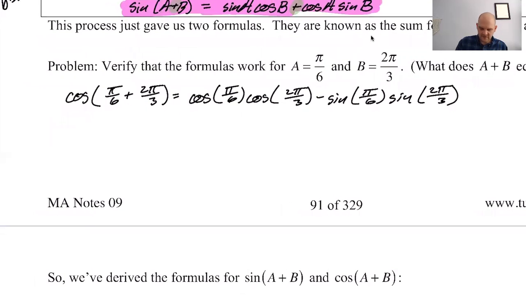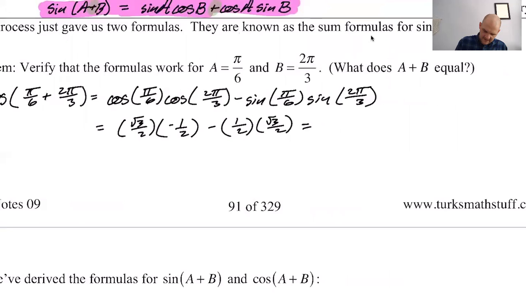Okay, but then we've got to actually work this out. Well, cosine is 1/2. That's wrong, sorry. Cosine is radical 3 over 2, and then the cosine of 2 pi over 3 is negative 1/2, minus the sine is 1/2. The sine of 2 pi over 3 is positive radical 3 over 2.